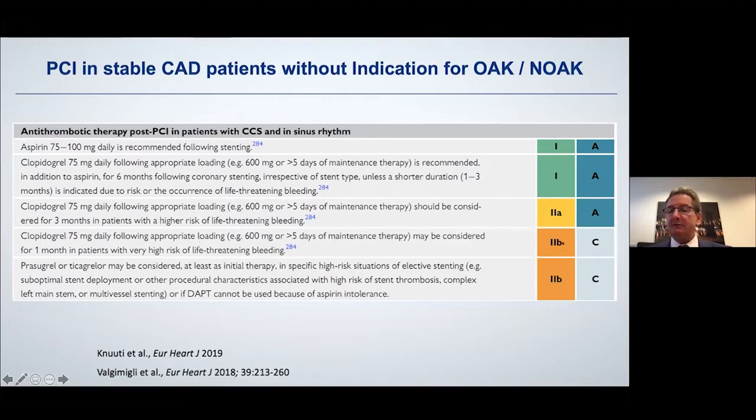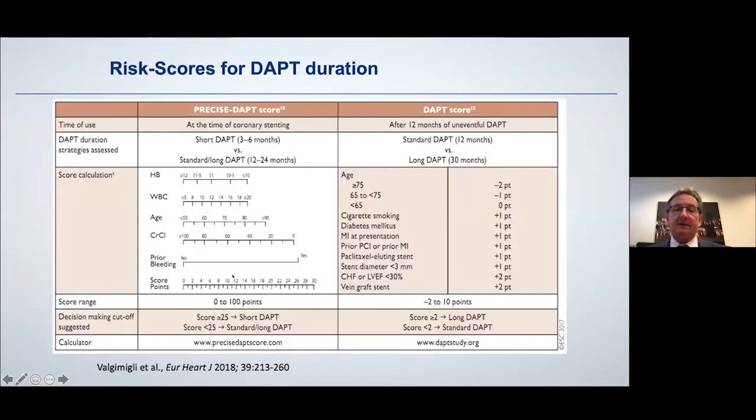You could also use some scores in daily practice. What we definitely implemented in our center is the PRECISE-DAPT score. It's quite easy to manage, and then you can make an additional decision on how long DAPT should be performed.